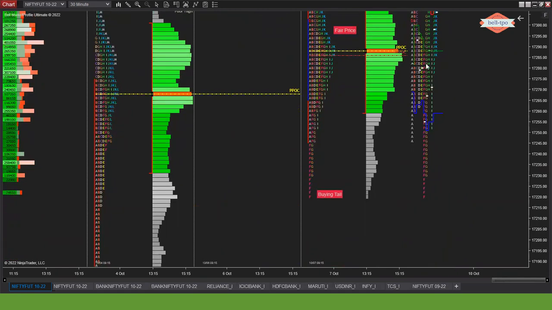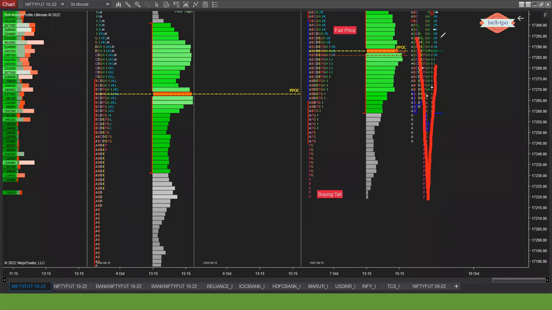Within half an hour, the price action went down to 17,118 something. Almost 70 points of crash. After a 70-point crash, an almost equal or greater reverse reaction happened. Price was falling really fast, and there was an equally fast bounce.